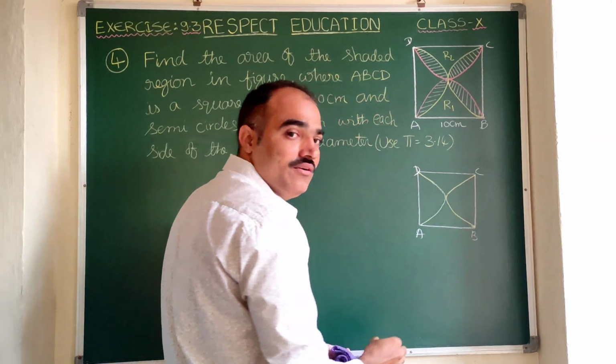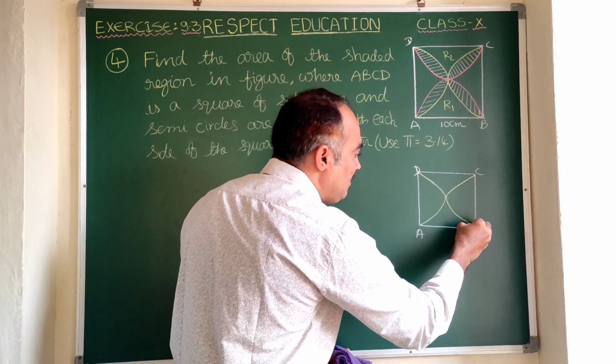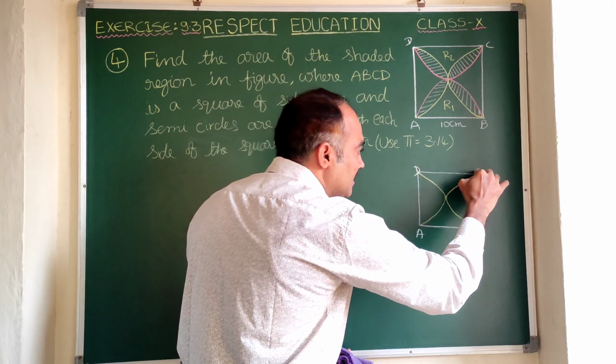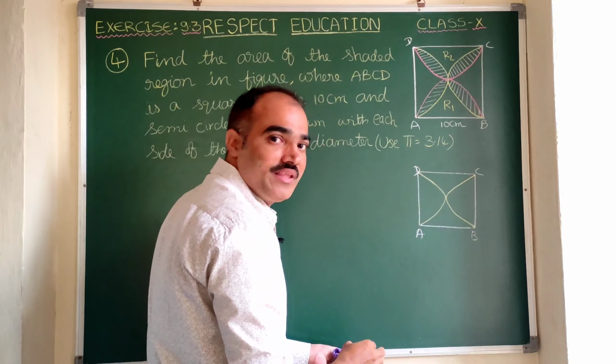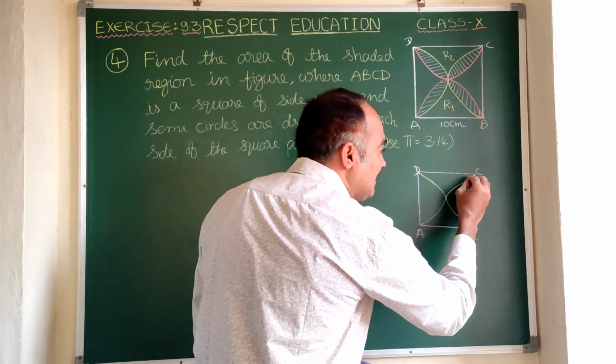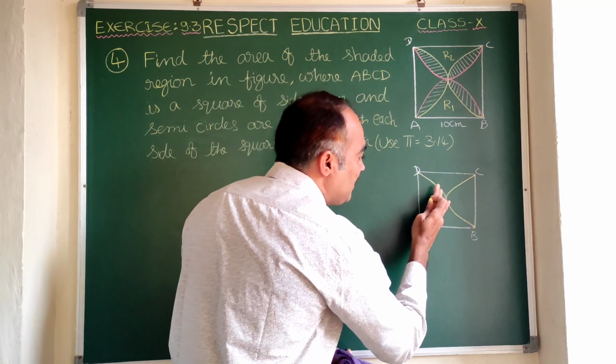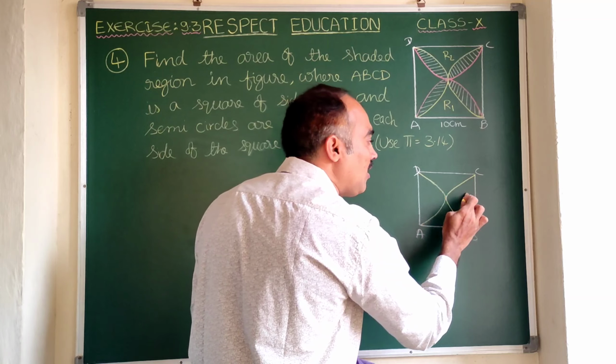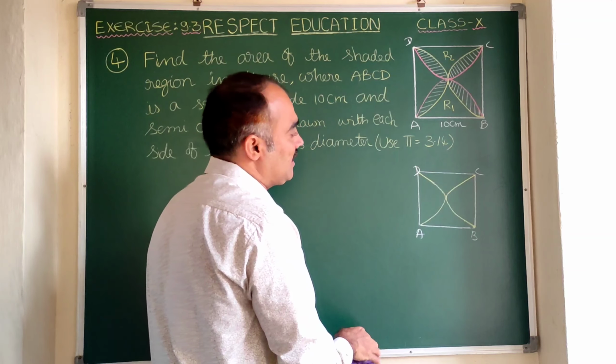So, for example, in case 1, if you take the area of the square minus, let us cut this portion, the area occupied by the semicircle. So you can understand clearly.